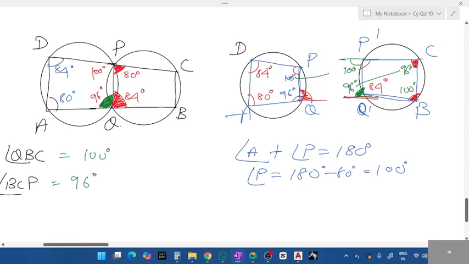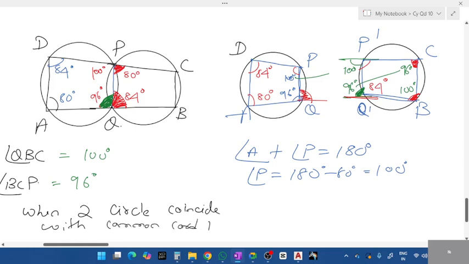So the theorem says, when two circles coincide with a common chord PQ, then you all tell me which angle is equal to 180.